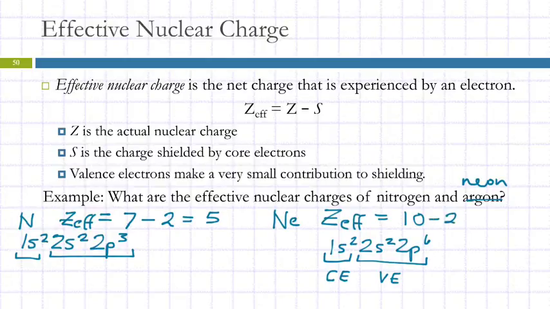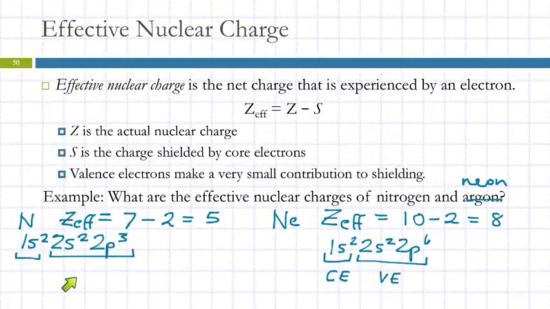So 10 minus 2 equals 8. The valence electrons in neon experience an effective nuclear charge of +8. In nitrogen, the effective nuclear charge is +5. Valence electrons in neon are more strongly attracted, and so they get pulled in.